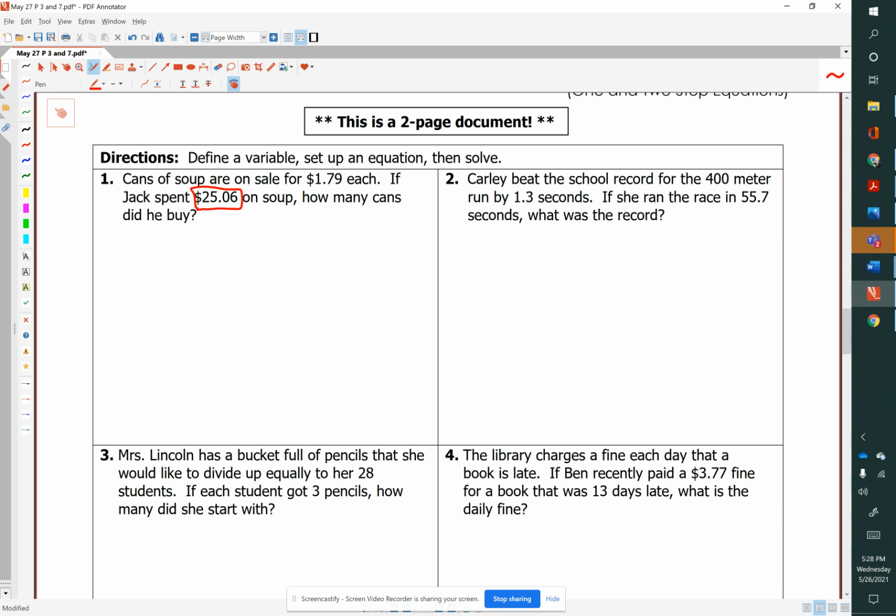Now, some of you might think, well, let me just divide 25.06 by $1.79. And that's fine, but we want you to think algebraically. We want you to think in terms of a variable. So let's let x equal the number of cans.